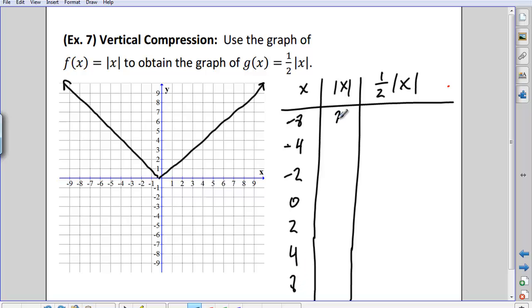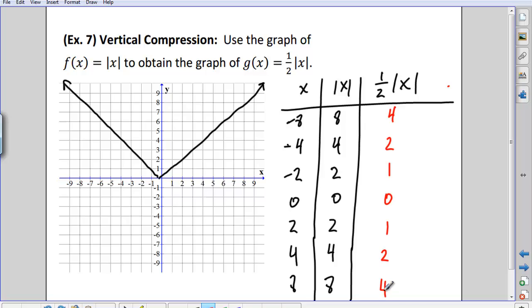So absolute value of these: 8, 4, 2, 0, 2, 4, and 8. If I cut those in half, I get 4, 2, 1, 0, 1, 2, 4. Okay.